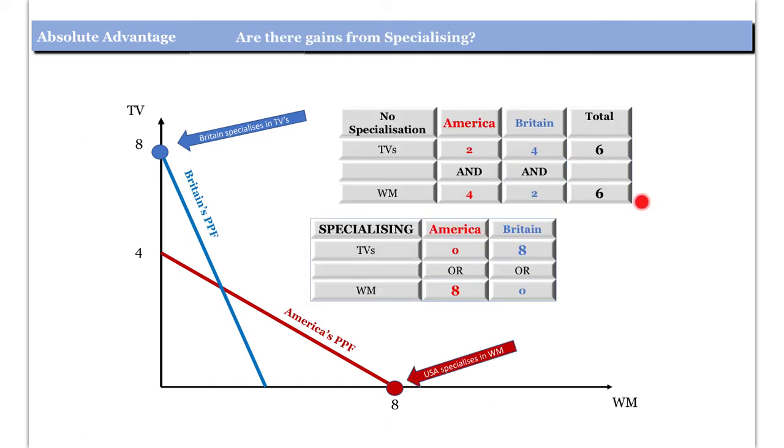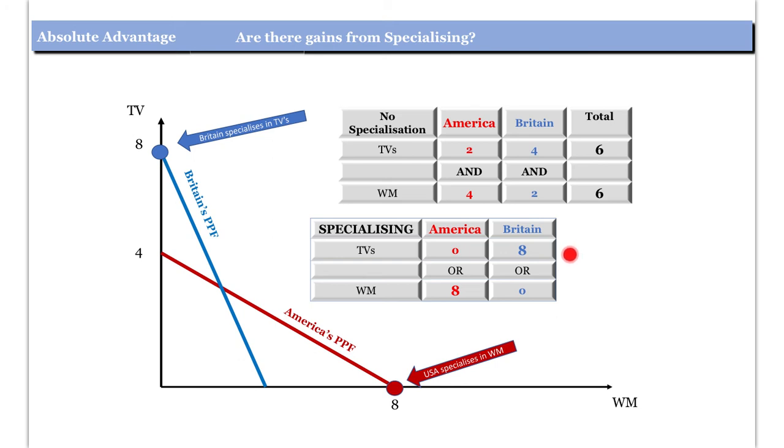So have we shown that there are benefits from specializing? Yes. Let's look at this table. Without specialization, if you remember, we saw that the factors would be split half and half between TVs and washing machines. So we'd have got 6 TVs and 6 washing machines. But if we specialize here and here, then we can produce 8 and 8. And that will show you that by specializing, there are now more goods and services produced in the world economies.